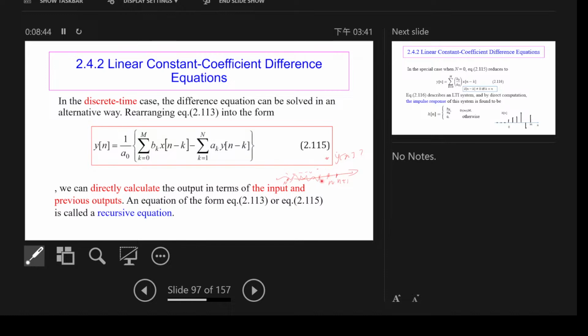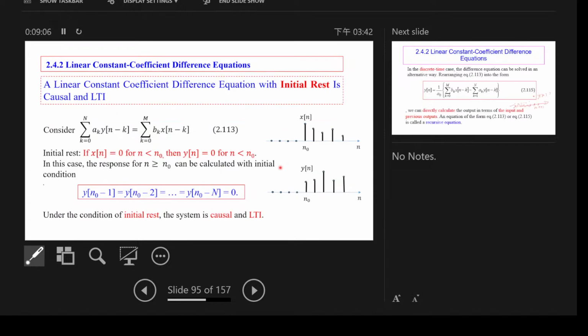You look back at those y of n minus k, and then you can calculate y of n. And x of n is given. But you will say you don't know what y of n minus k is, so you keep looking back. And when does this end?